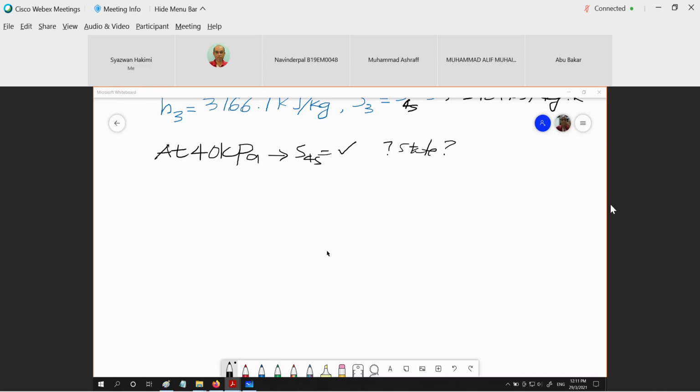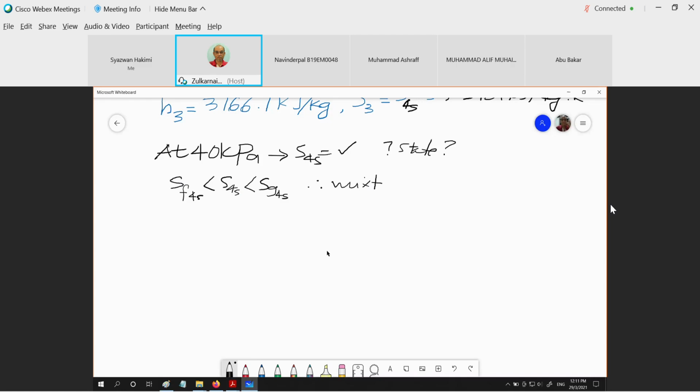Mixture. How come you get mixture? The SG I get is 7.6691. At this 40 kPa, the S4S is in between SF4S and SG4S. Therefore, mixture.